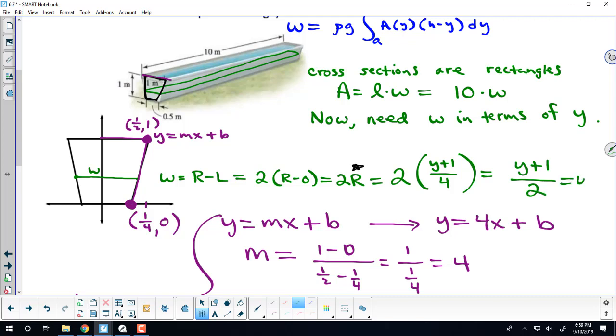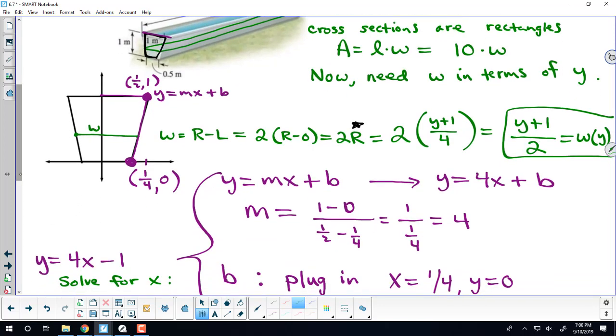And that's the width function in terms of y. Okay, anybody have any questions on that? So typically there's a few steps involved in this and you got to track a bunch of different things before you actually integrate. So again, I hope you're staying organized, otherwise it's going to be difficult. Everybody good? No questions?